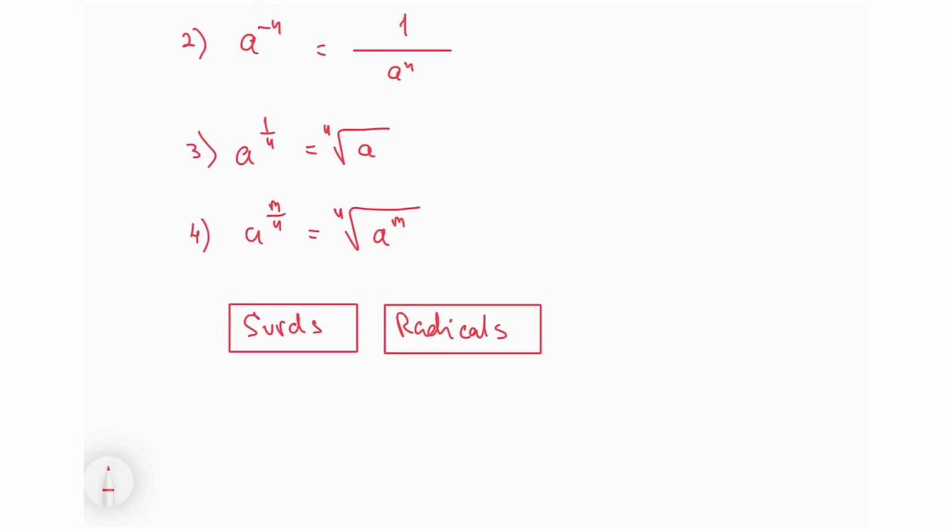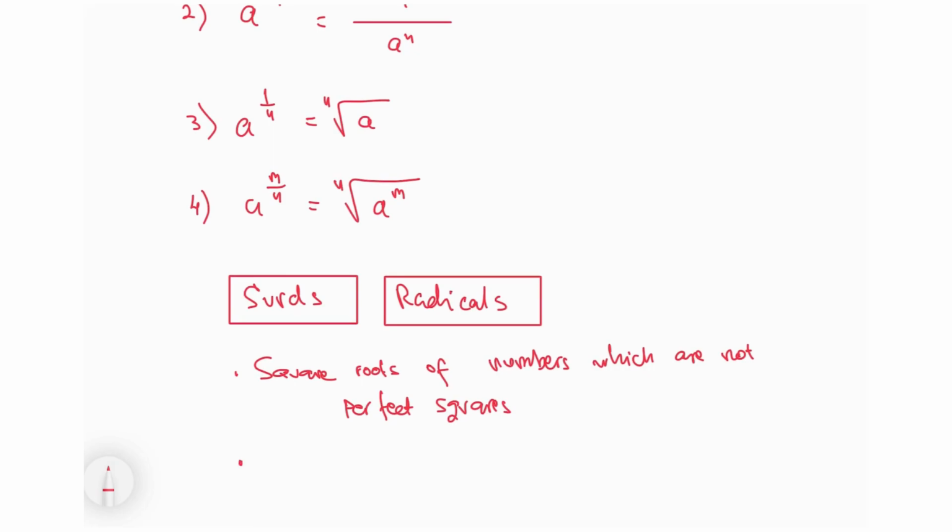So those are square roots of numbers which are not perfect squares and also must be simplified.